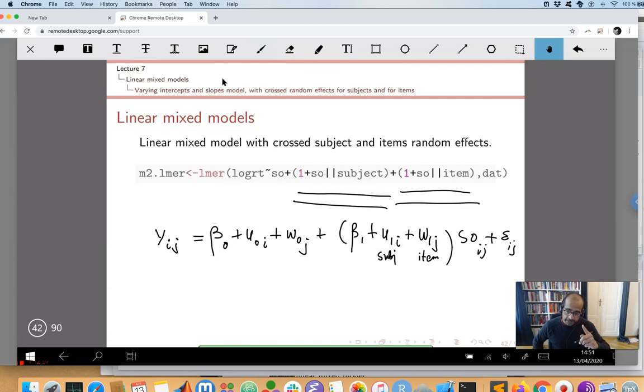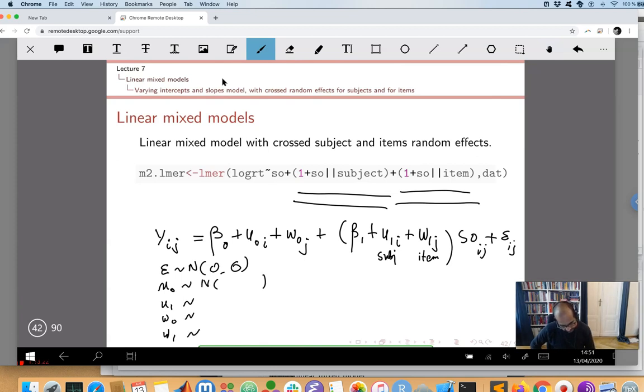But what's interesting here is that the variance components have to be written down. First of all, I have the epsilon, which is assumed to be normal with mean 0 and standard deviation sigma. Then I've got U0 and U1 and W0 and W1. These are my four sources of variation in the model, and these all have normal distributions associated with them.